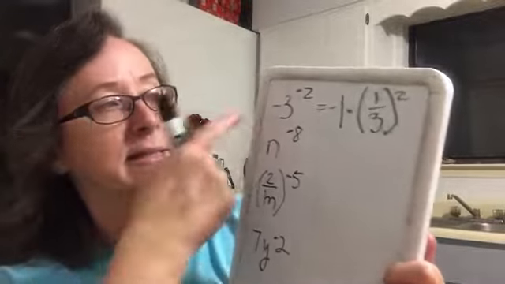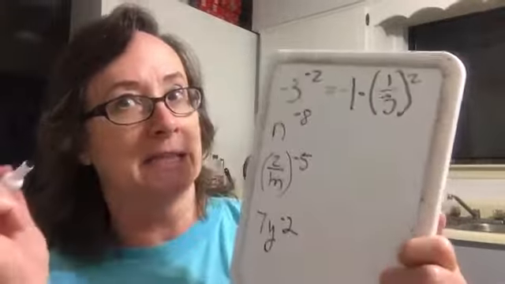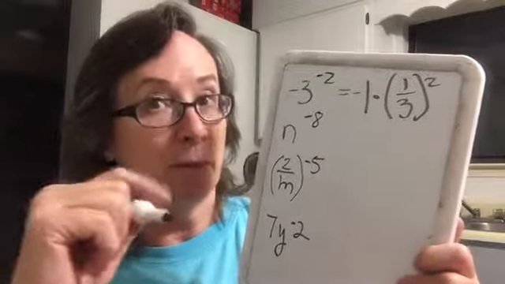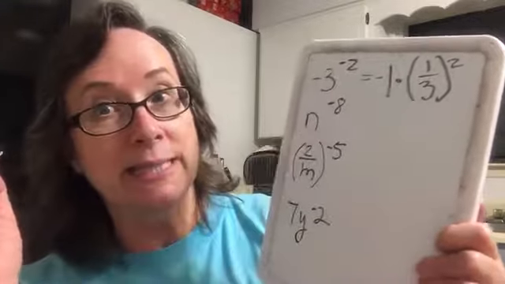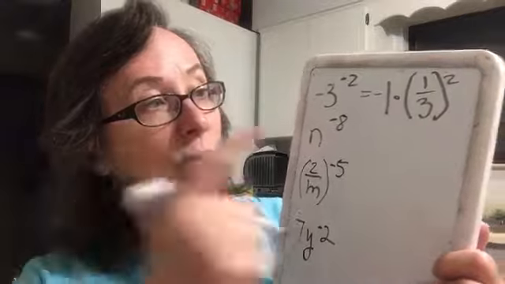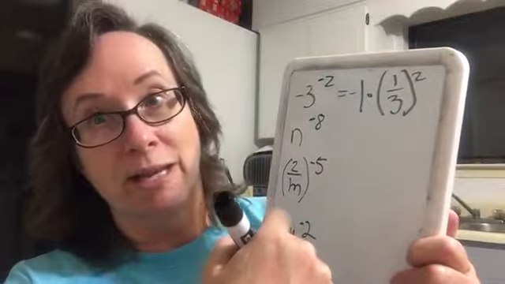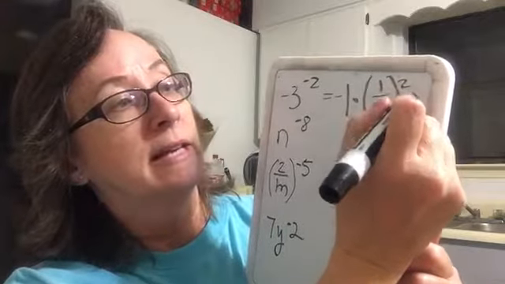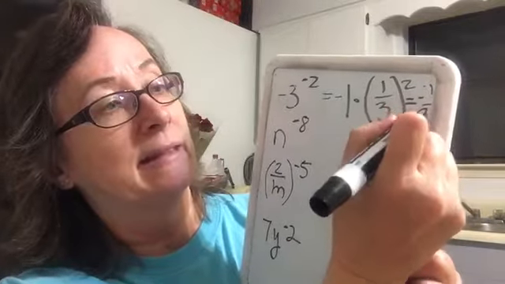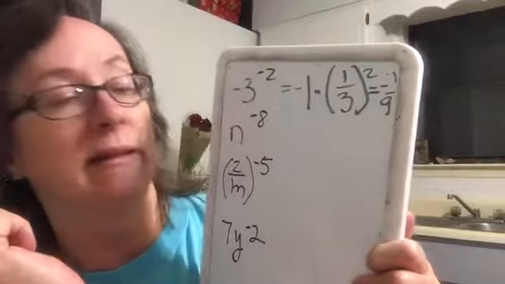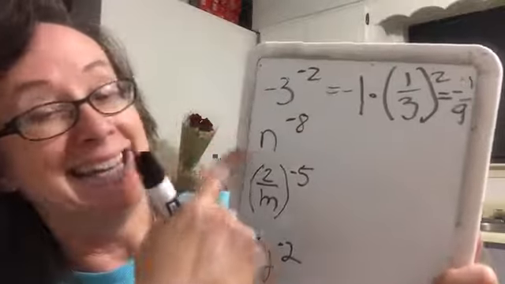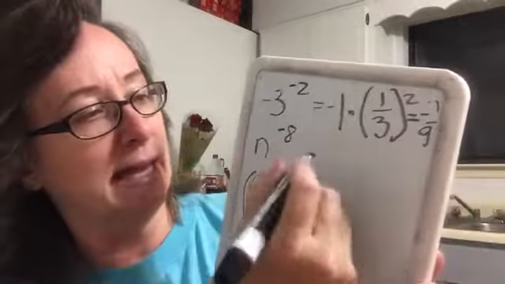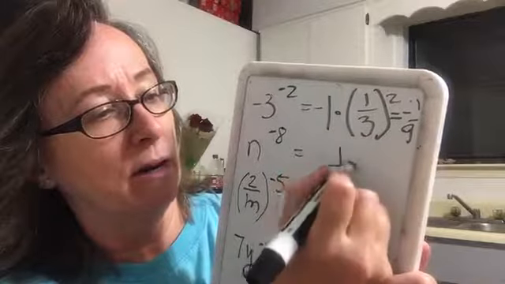The negative 1 is not affected. Remember, the exponent only affects the number or the variable directly preceding it. So 1/3 squared is 1/9, times negative 1 is negative 1/9.